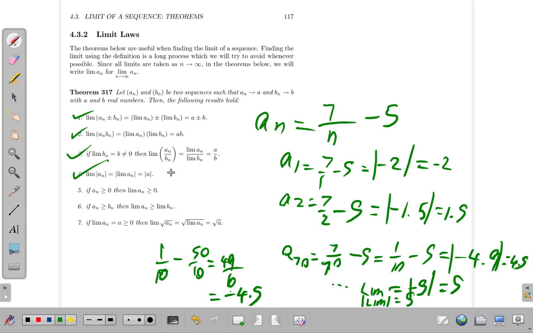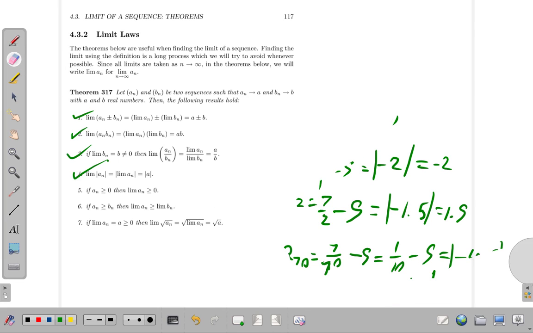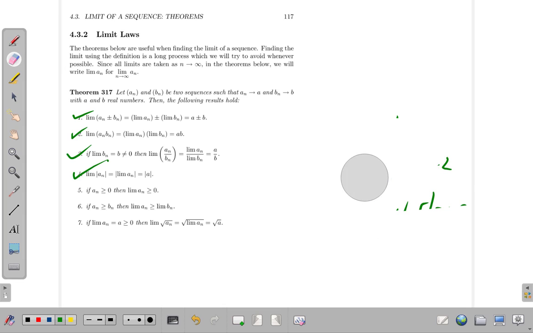What about the fifth result here? What's this talking about? If an is greater than or equal to 0, then the limit of an is greater than or equal to 0. What this basically means is that it will not turn from positive to negative.